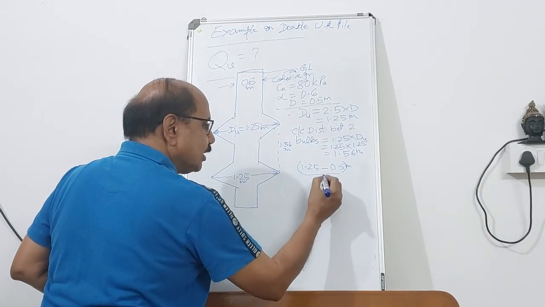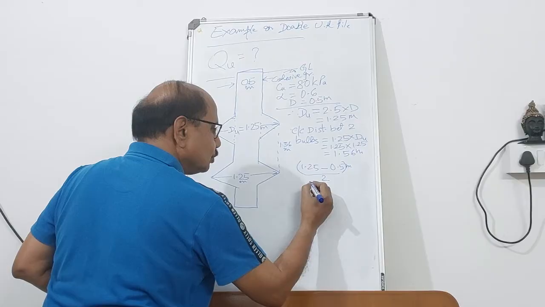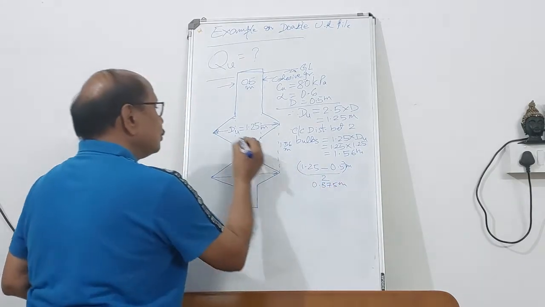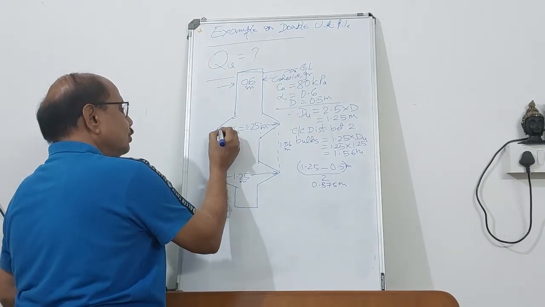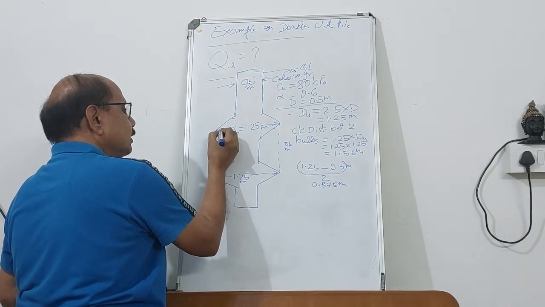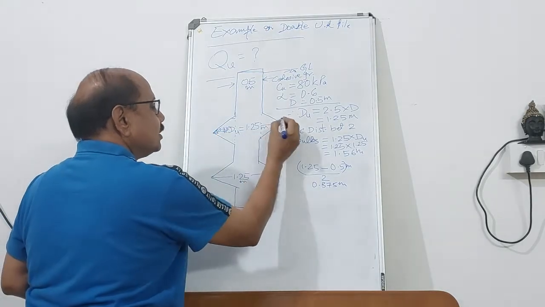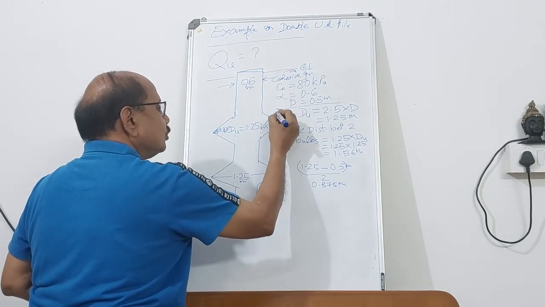So this is 0.75 divided by 2, so it is 0.375 meter.